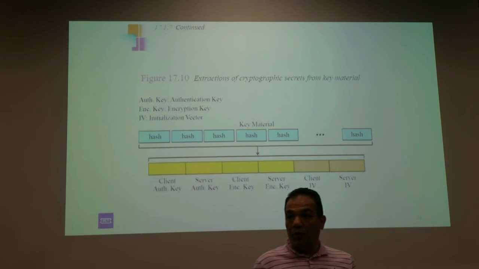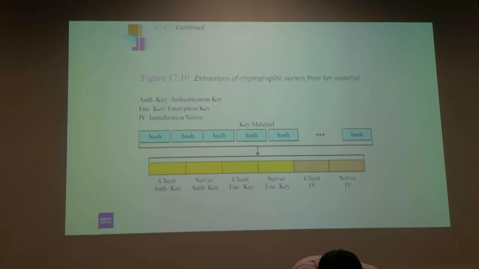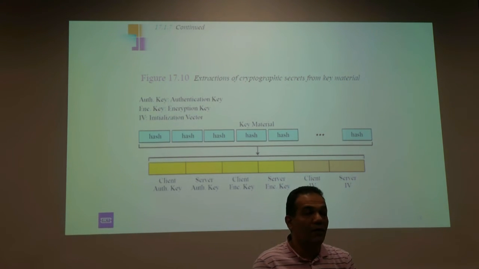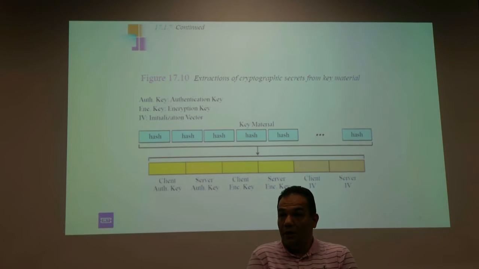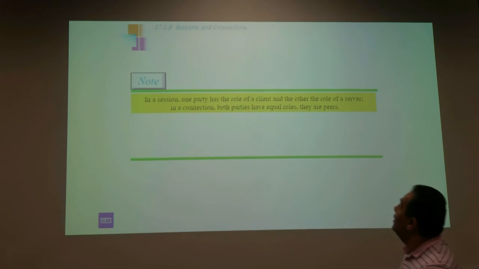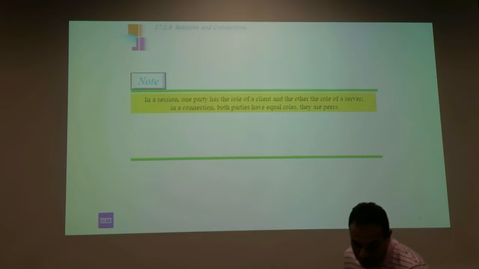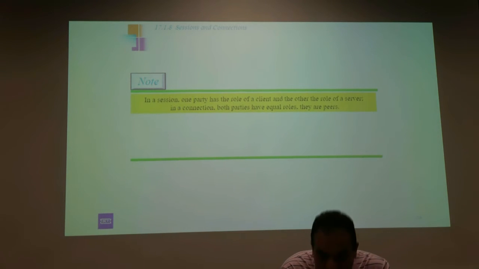All right, simple. I mean, so far it's simple, right? Simple, very simple. All right. So that's how we create the keys. All right. Now we need to talk about the sessions and the connections. So the session is an association between the client and server.